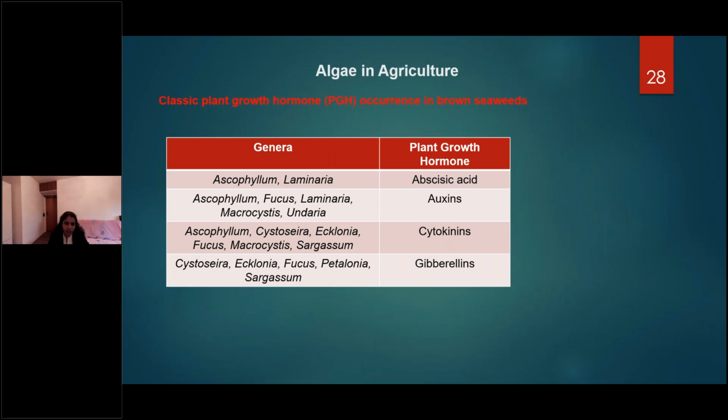Ascophyllum has more auxin content compared to Undaria. Ascophyllum, Chrysoceria, Ecklonia, Fucus, Macrocystis and Sargassum have cytokinins. Chrysoceria, Ecklonia, Fucus, Petalonia and Sargassum have the plant growth hormones called gibberellins.